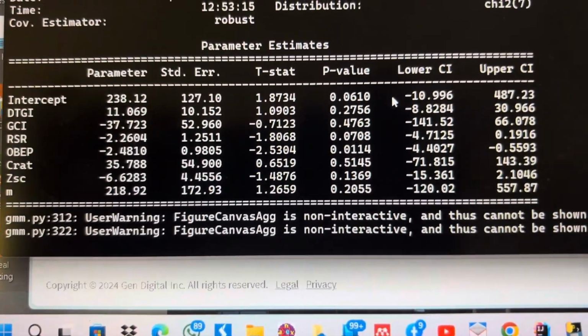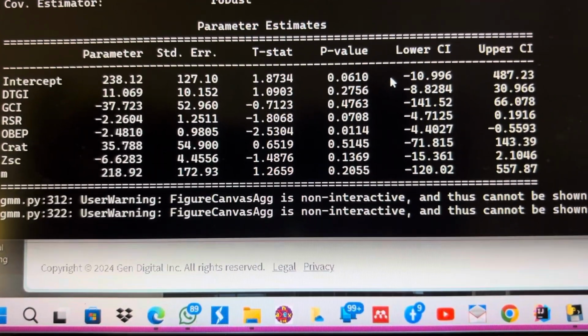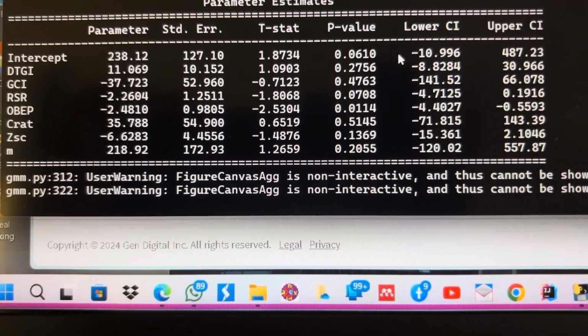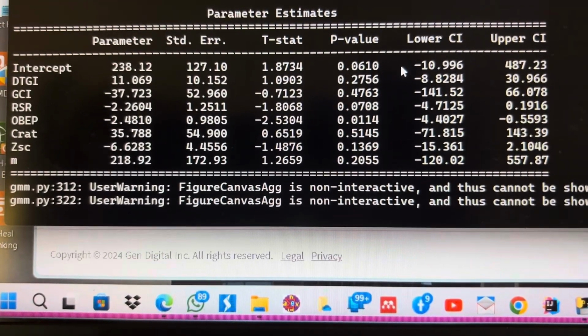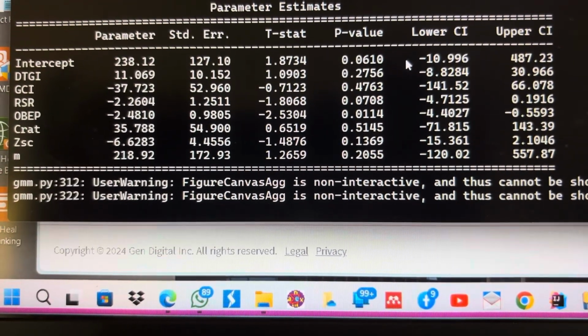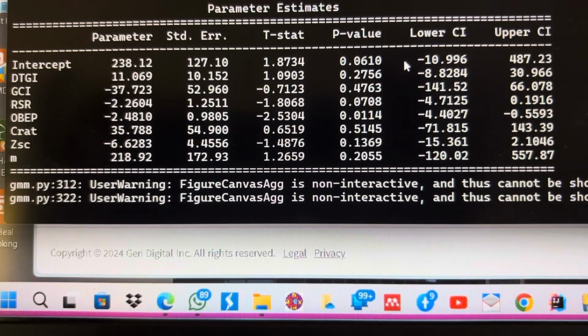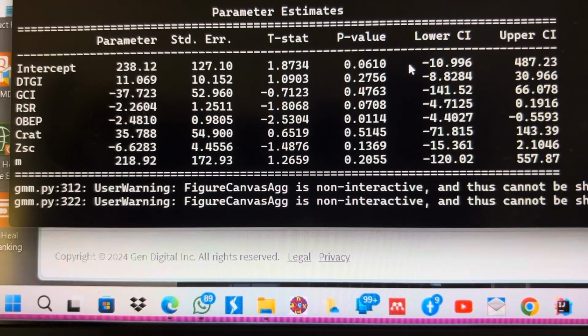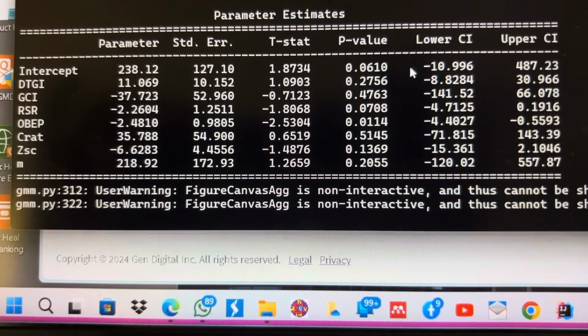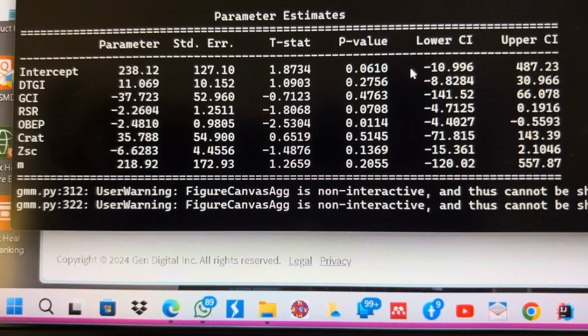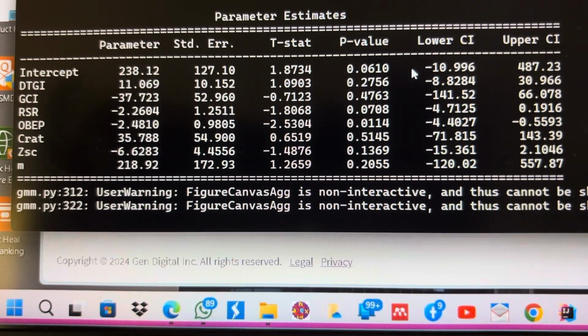Now look at the parameter estimates. Here the intercept is not significant. You also have the lower confidence and upper confidence intervals.